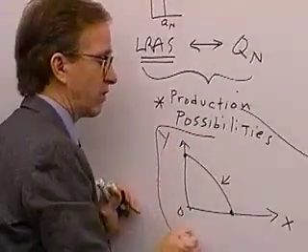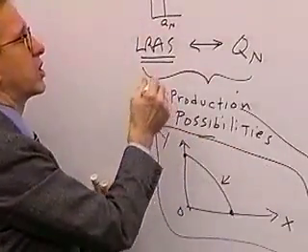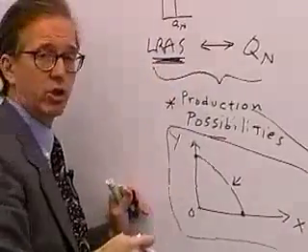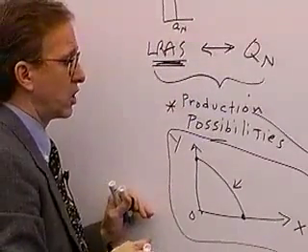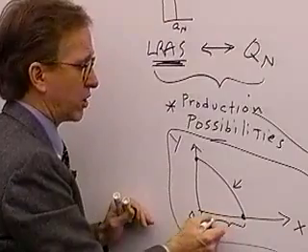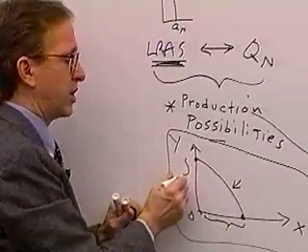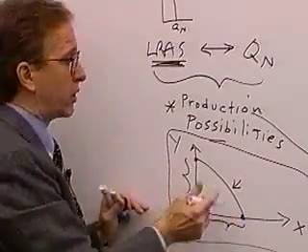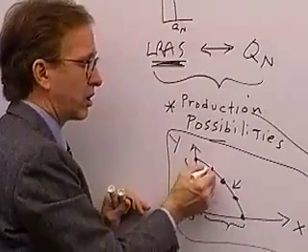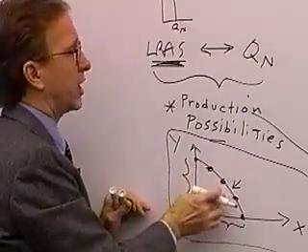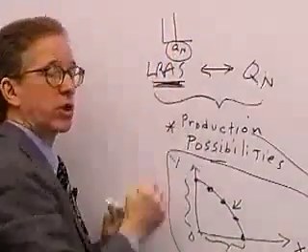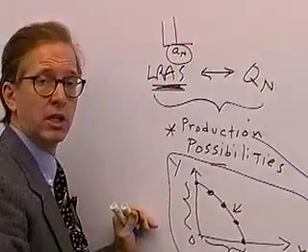Well, that curve really just corresponds to our long-run aggregate supply, our ability to produce goods and services. So whatever the value of our production was, when we were using all of our resources, or at some interior point on the curve, that's also equal to the value of natural real GDP.